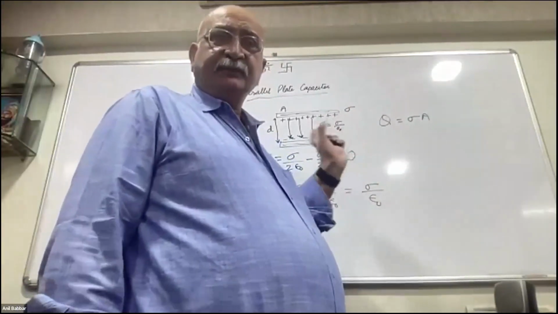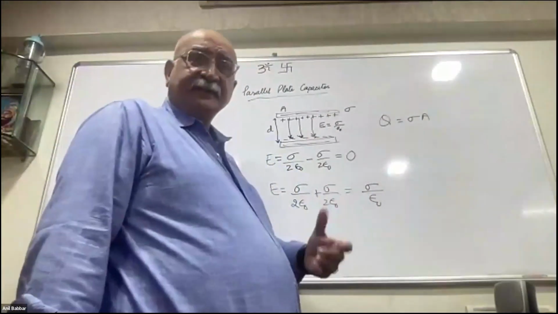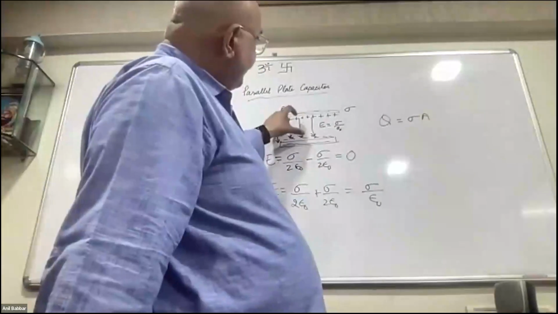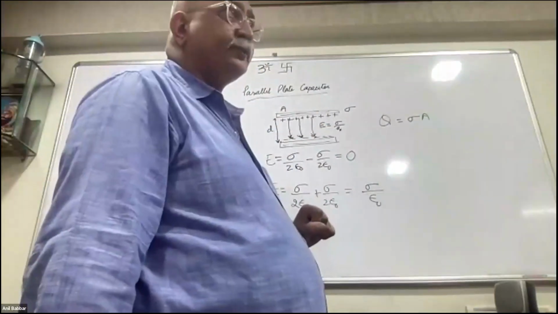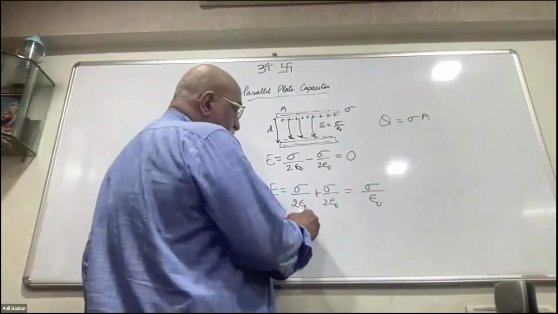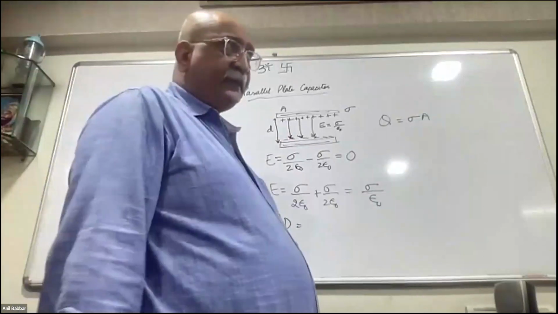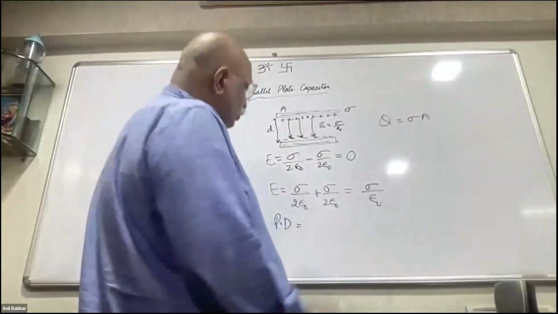So simply we'll do this. Now, for a uniform electric field, there must be a potential. This gives rise to the potential difference between the two plates, and that potential difference is equal to the electric field times the distance between the two plates.